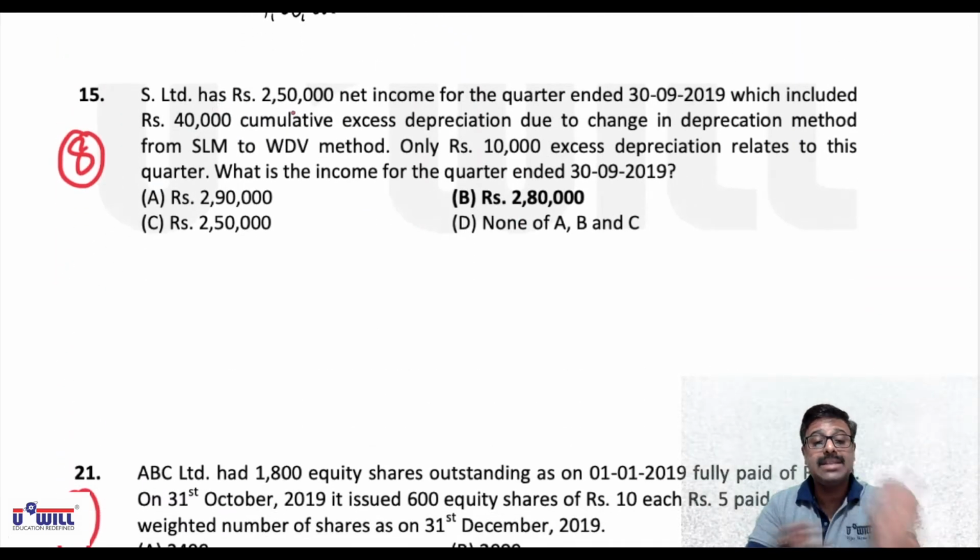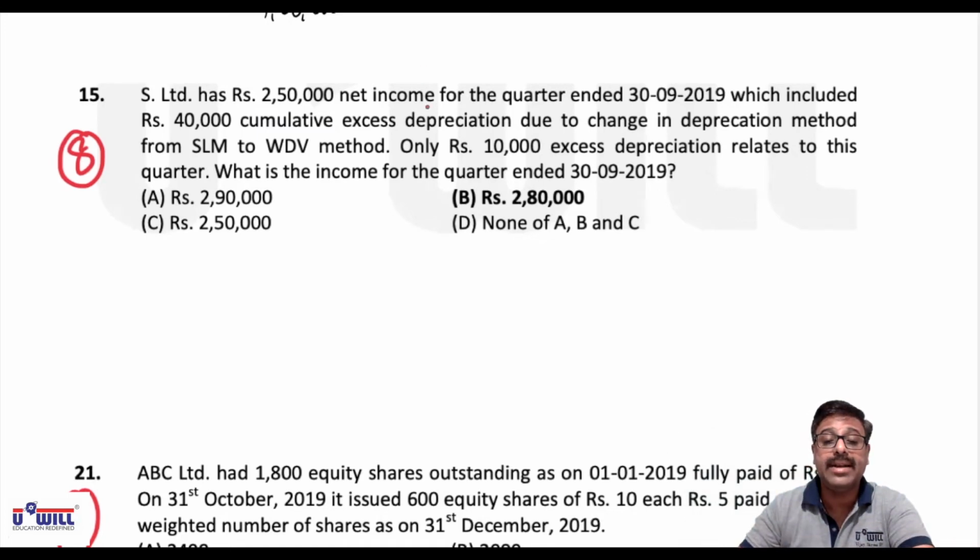S Limited has 2,50,000 of net income for the quarter ended 30th September 2019, means second quarter, which included 40,000 of cumulative excess depreciation due to change in method from SLM to WDV. Only 10,000 of excess depreciation relates to this quarter. What should be the income for the quarter ended 30th September 2019?